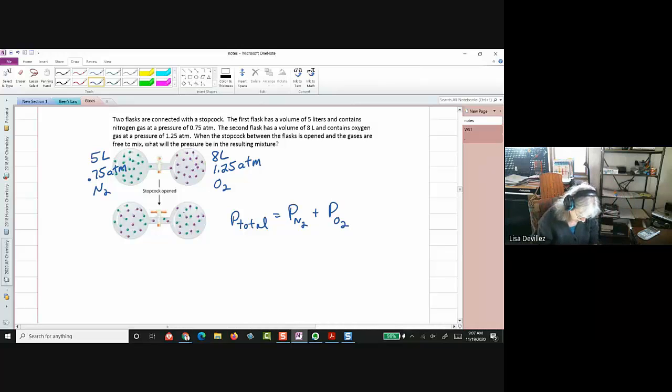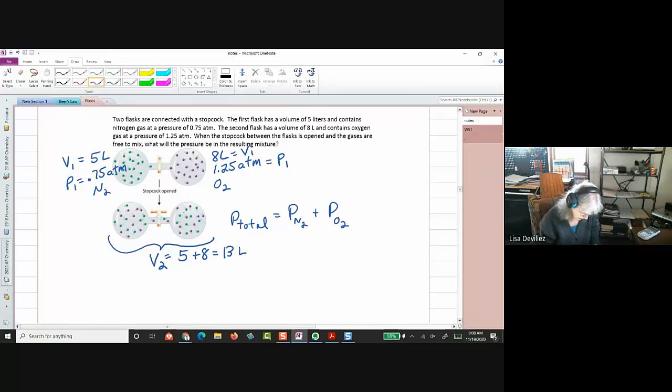Essentially, if that's my V1 and P1 for the nitrogen, and for the oxygen that's my V1 and that's my P1, in both cases we're changing the volume and then looking at what the resulting pressure is. So V2 is going to be the two volumes added together, 5 plus 8, so V2 is 13 liters.